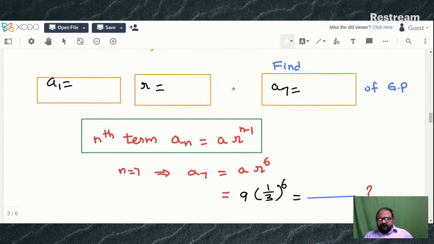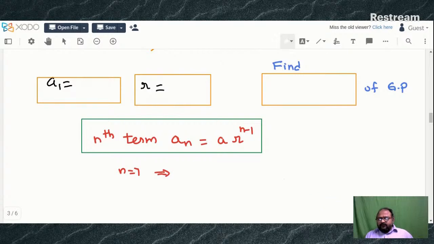Here also first term is given and a common ratio is given. But you are asked to find A6. Sixth term should be found.